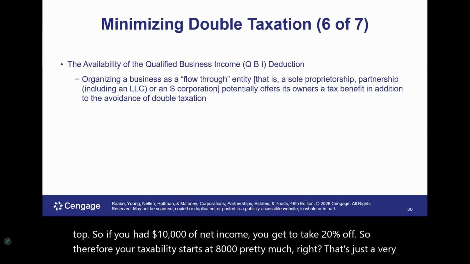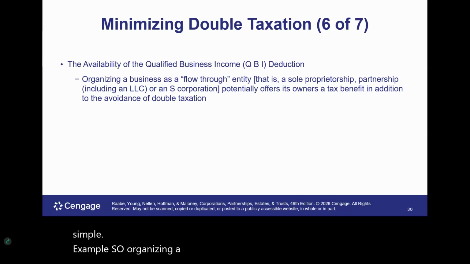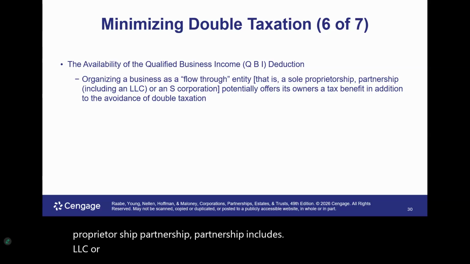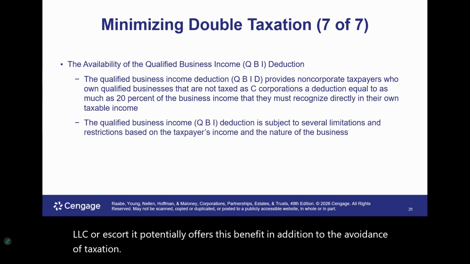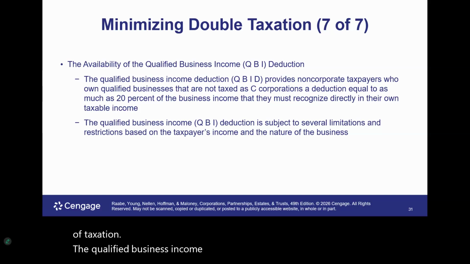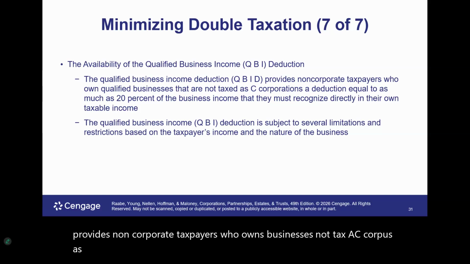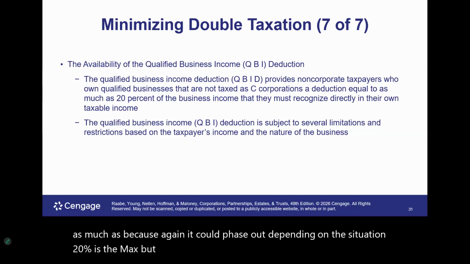So organizing a business as a flow-through entity, that's a sole proprietorship, partnership, including an LLC or S corp, potentially offers this benefit in addition to the avoidance of double taxation. The qualified business income deduction, which we just covered, provides non-corporate taxpayers who own businesses not taxed as C corporations a deduction of up to 20%, because it could phase out depending on the situation. 20% is the max, but depending on some of the nuances, maybe it'll be 15%, 10%.